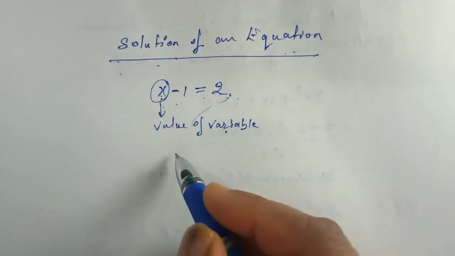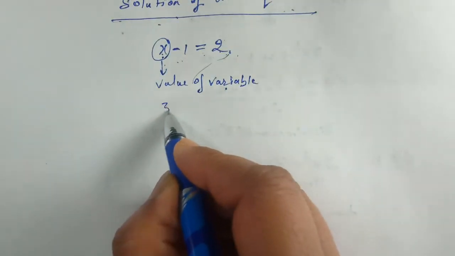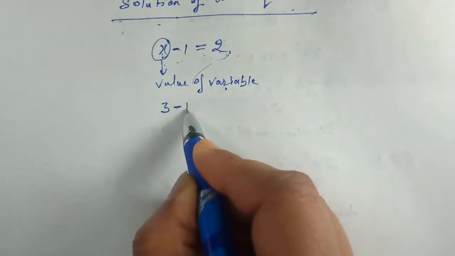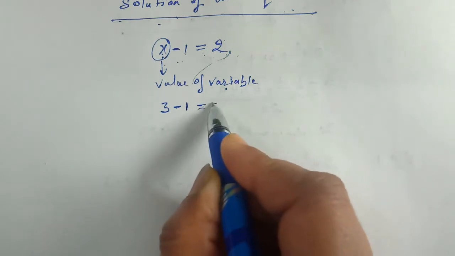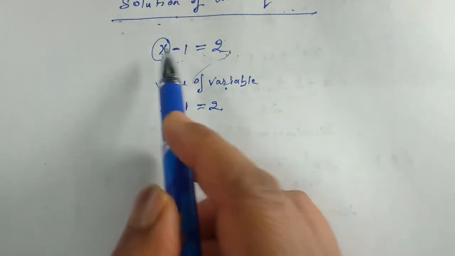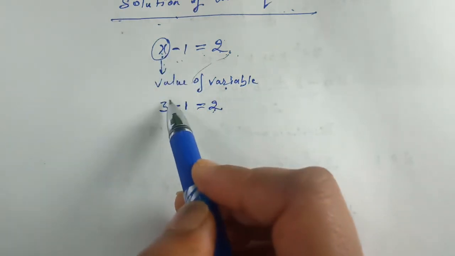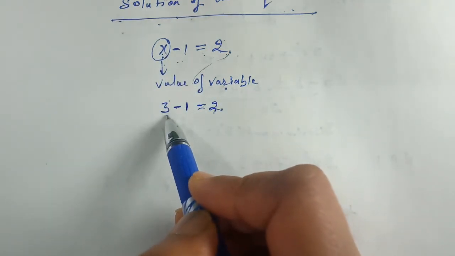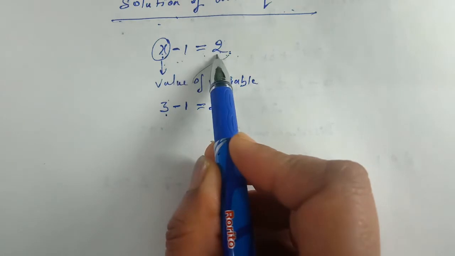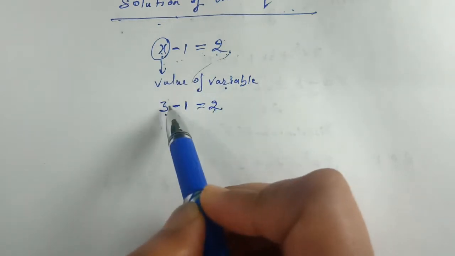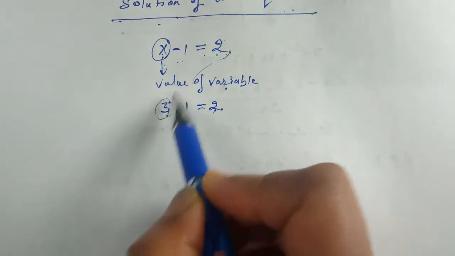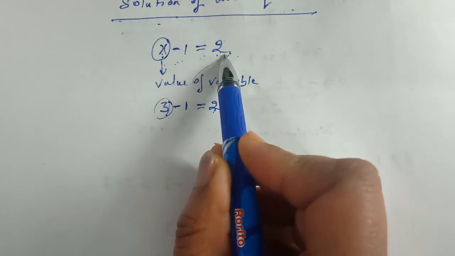If we write 3 in place of x and subtract 1, what are we getting? 2. 3 minus 1 will give 2. It means by taking x equal to 3, we will get left hand side equal to right hand side. So 3 will be called the solution of the equation.